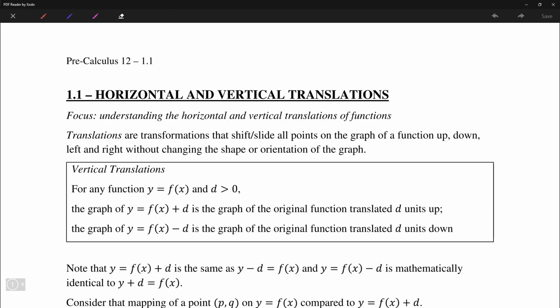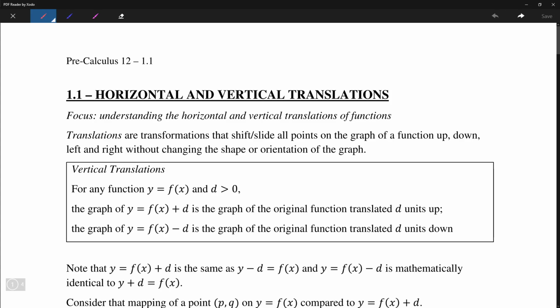For any function y equals f of x and a d value that's greater than 0, so it's just any real number, the graph of y equals f of x plus d is the same graph moved d units up, and y equals f of x minus d is the same graph, but moved d units down.